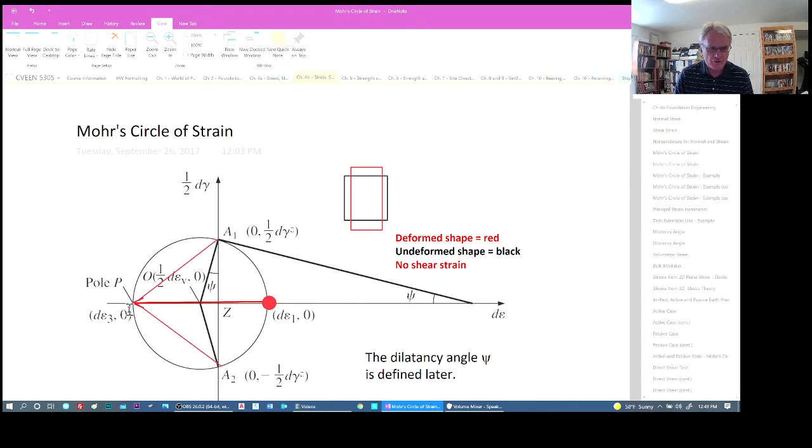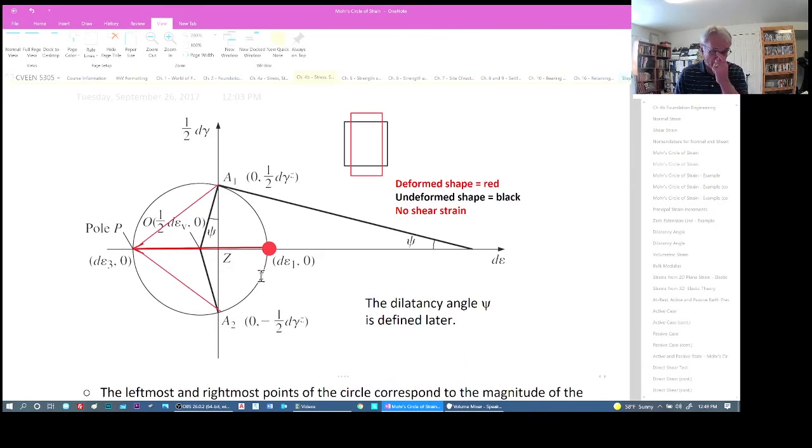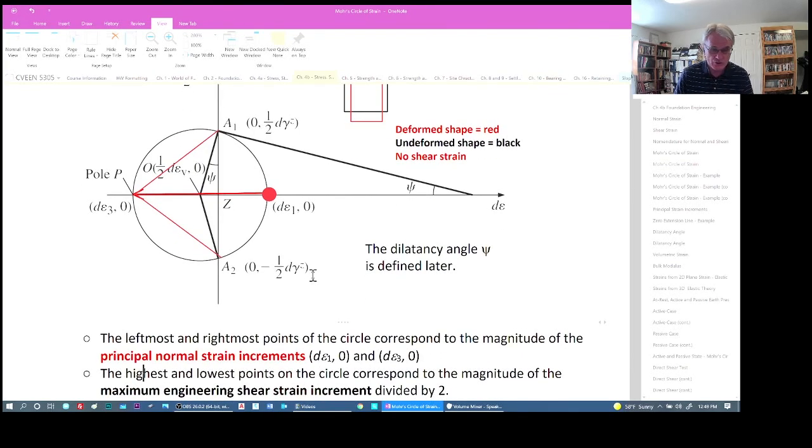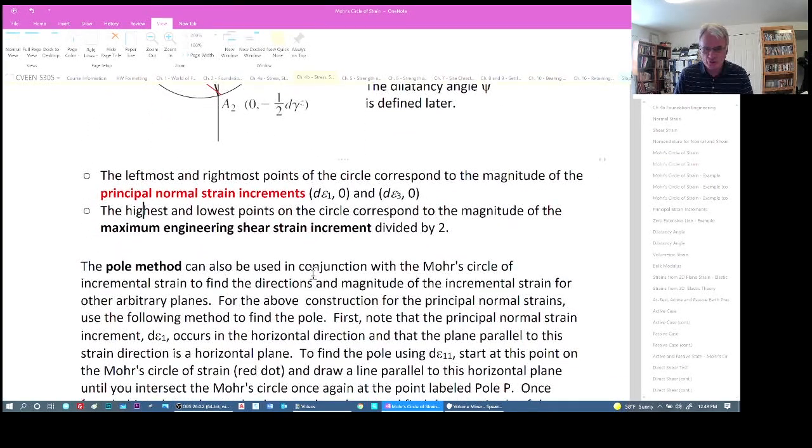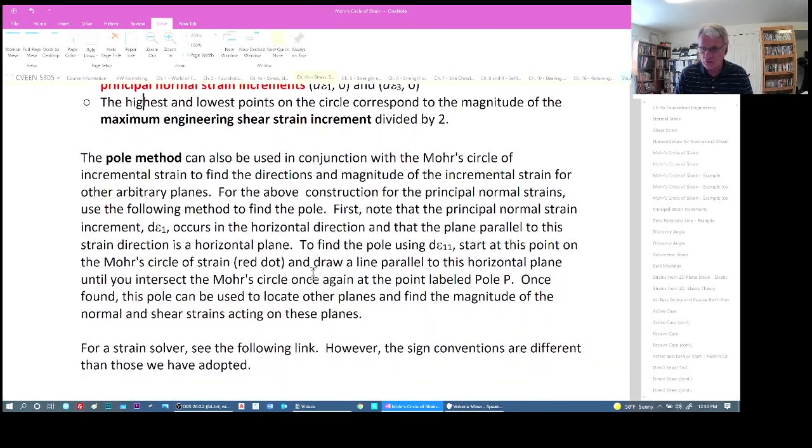Since that's a vertical plane, we can't really move along the Mohr circle of strain in any direction, so by definition we're at the pole also, and we could then draw these same planes in here and get the same value. So what I want to point out is, just like the Mohr circle of stress, when we use Mohr circles of strain, the pole method is unique, and the pole is uniquely found from either of the planes that we start from.